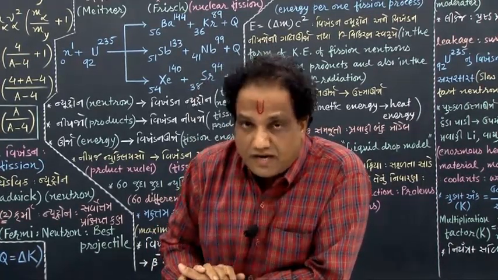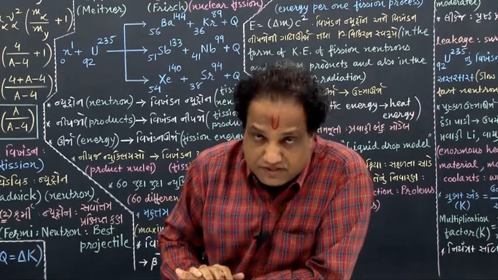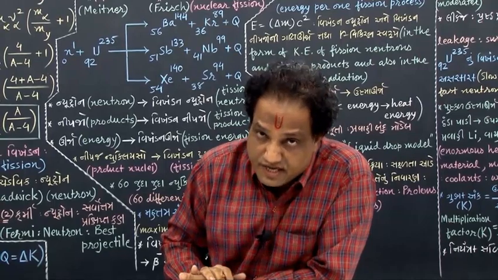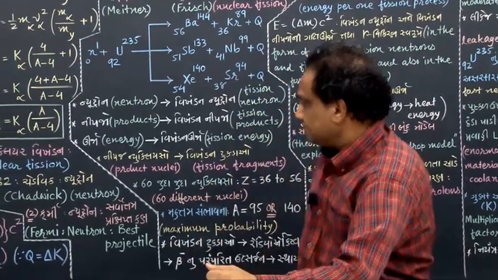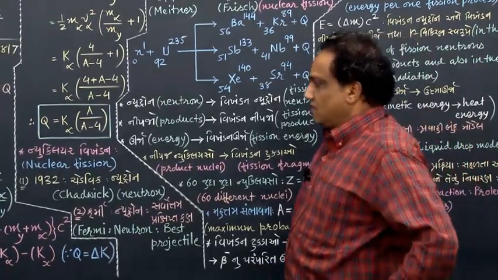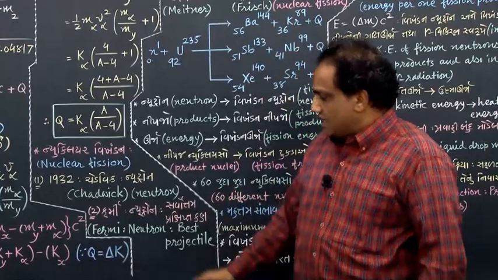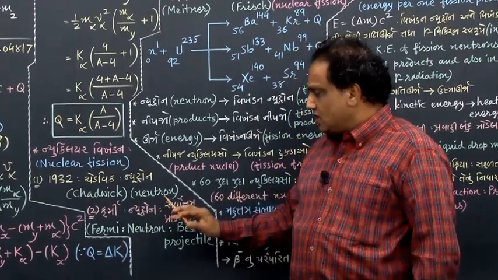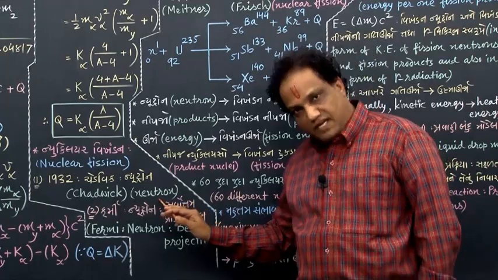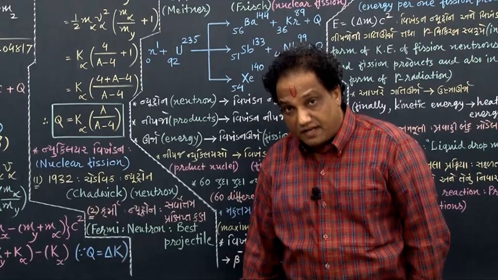Let us see how that phenomenon was discovered. What does history say? Let us see all the points one by one. First of all, in the year 1932, Mr. Chadwick had discovered the neutron. Neutron, you know, is a chargeless particle.